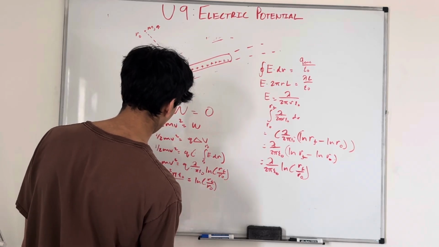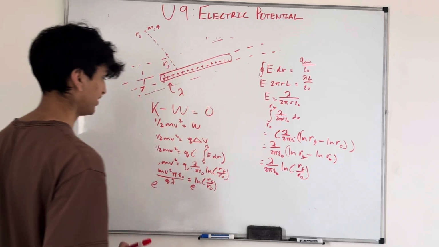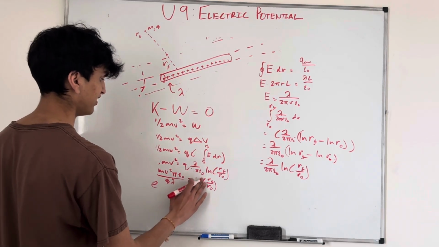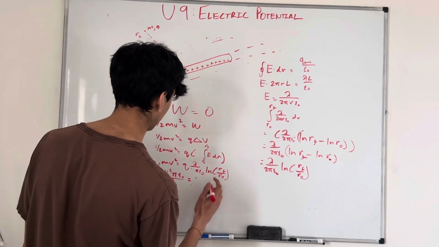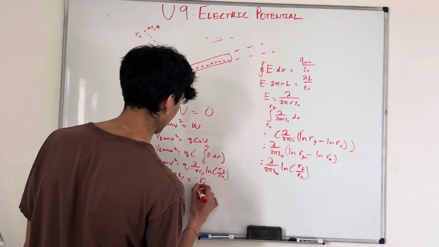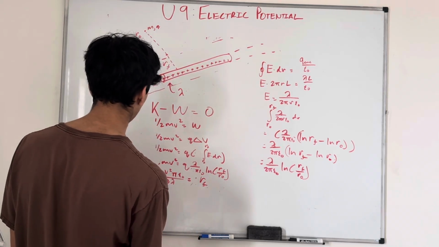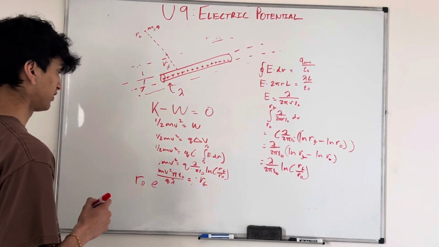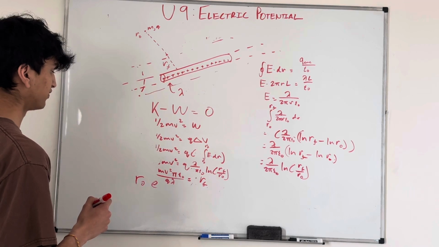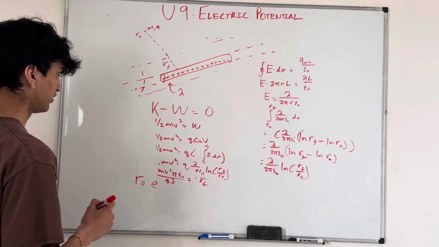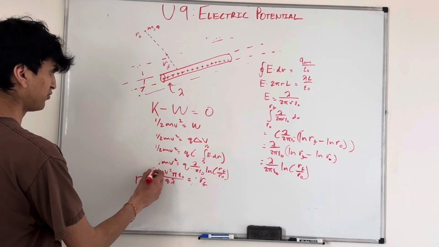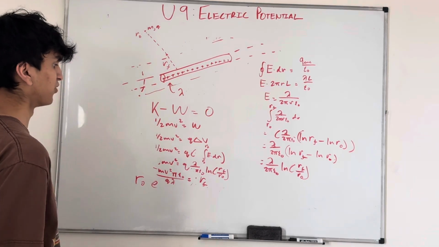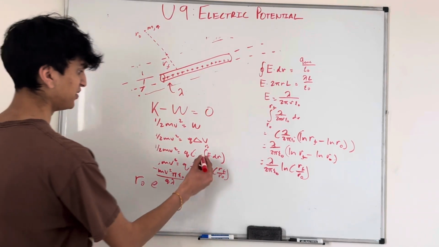Exponentiate everything to the e power, that drops the ln, so I get r final over r initial. Then it would just equal, oh, but then you need the negative, I believe. There would definitely be a negative somewhere. So maybe you do need the negative.